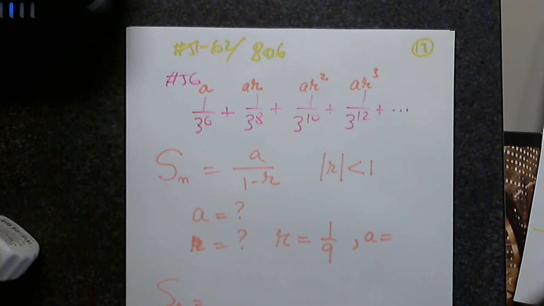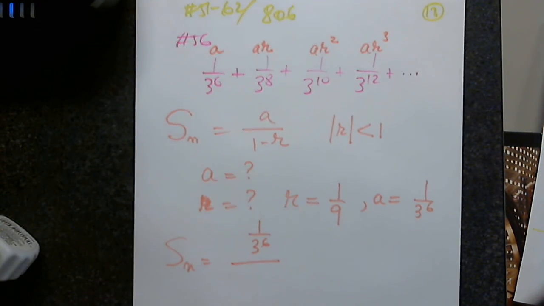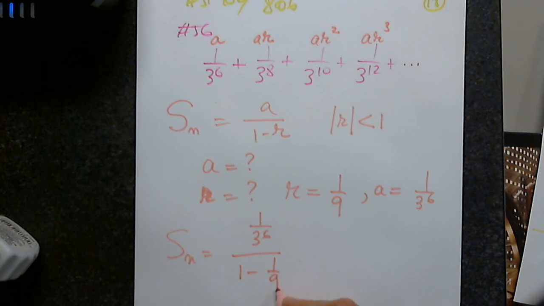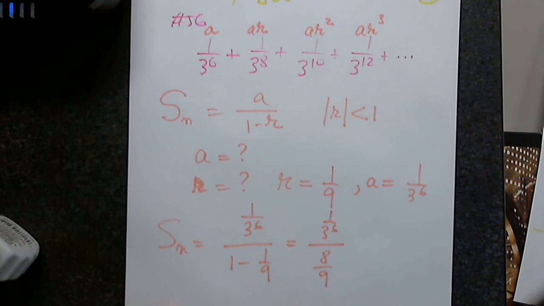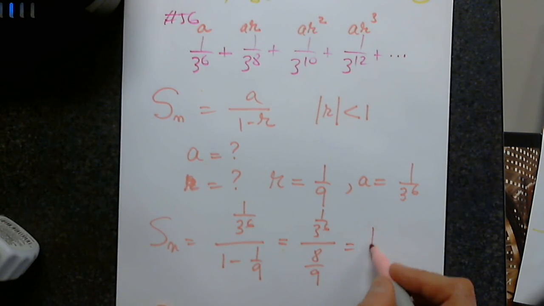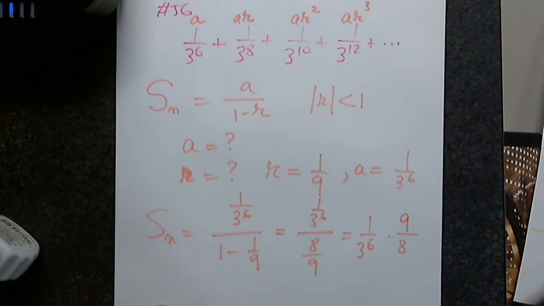So 1/3 to the 6th. So 1/3 to the 6th divided by 1 minus 1/9. So 1/3 to the 6th divided by 8/9. 1/3 to the 6th times 9/8.